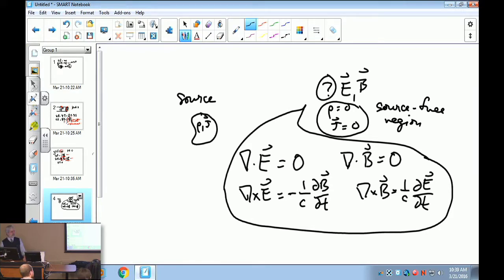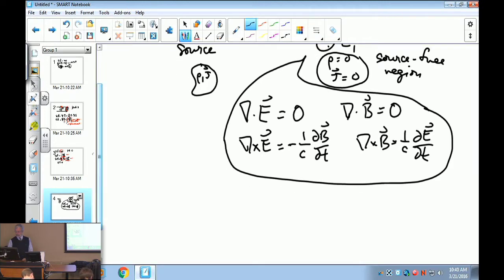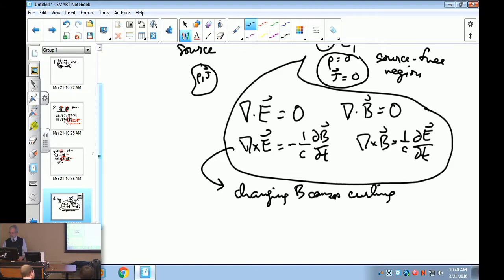Okay, now we've been led into this by these tricks for making the math simpler, but the temptation is to read some physical content into these things at this point. And specifically what I was told when I was a junior was that these last two equations are to be read: changing B causes curling E. This is the narrative, which is wrong.